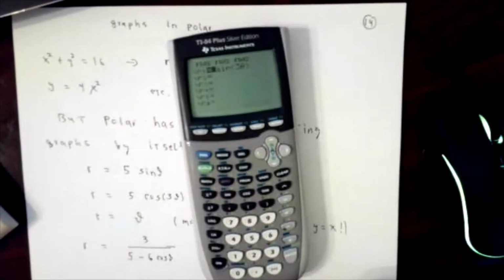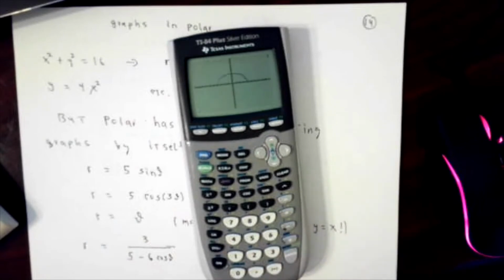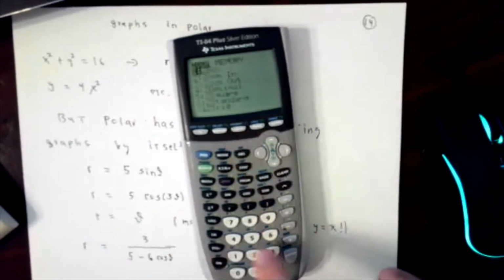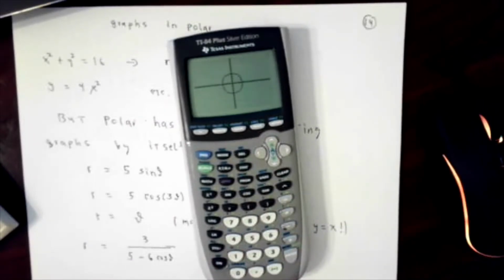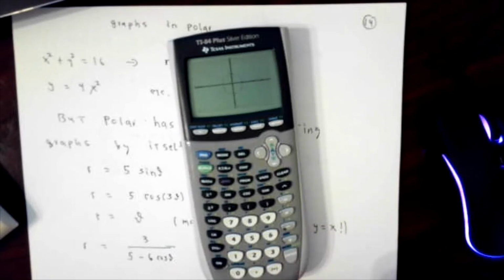So I'm going to go into my y equals menu, and I'm going to set r equal to 4. I'll put it on the standard viewing window, which as usual doesn't look much like a circle because of the whole oblong problem. So we have a circle. I'm going to zoom out so I can draw it again. It starts on the positive x-axis and appears to go counterclockwise.